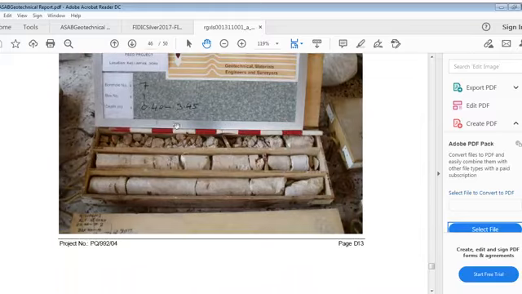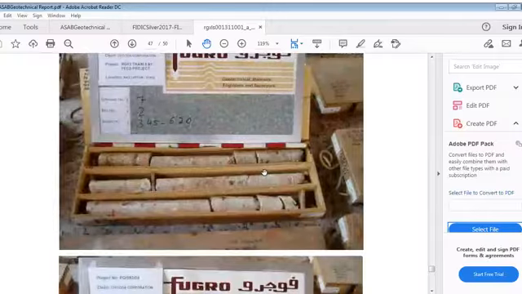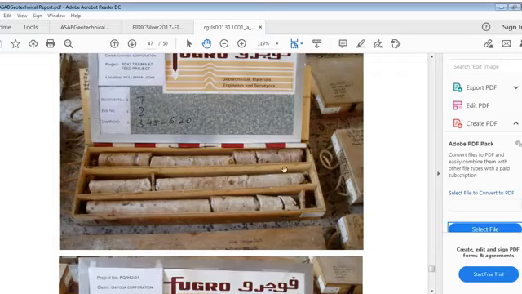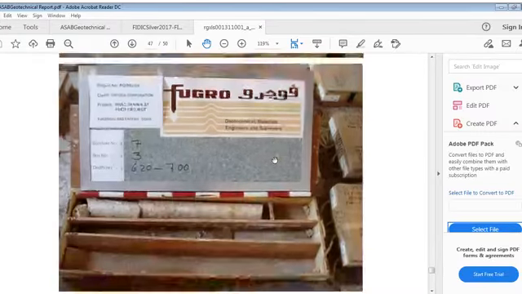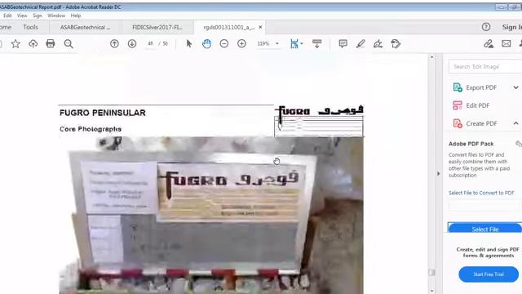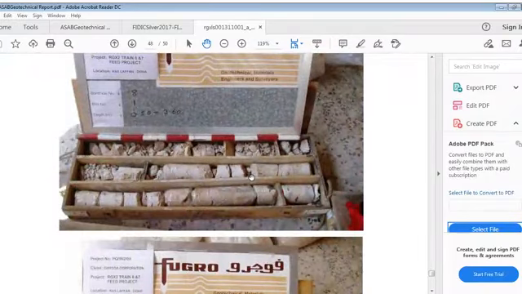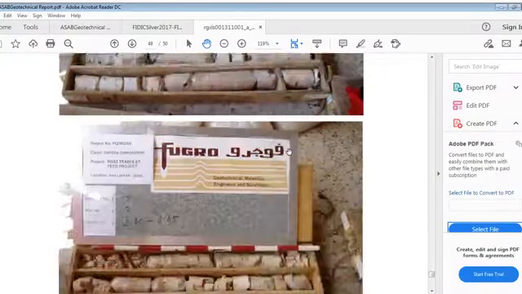Now you can see some longer pieces. It's better than before, maybe 70% in this case. It may be much better. This one is like 30, 40, 60.